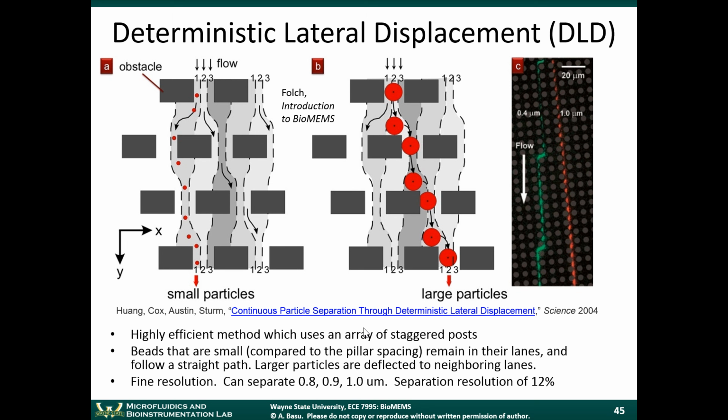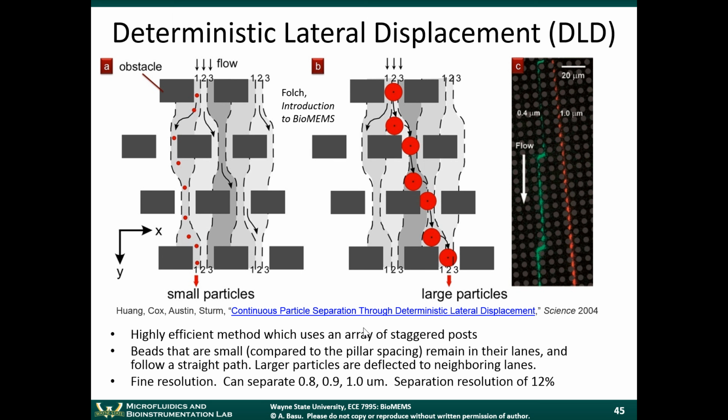The advantage of this over previous techniques is that it has a very fine resolution. It can separate 0.8, 0.9, and 1 micron particles. So even particle sizes that differ by 10%, this one will be able to separate them. So it's a really interesting, cool technique for separating particles by size.